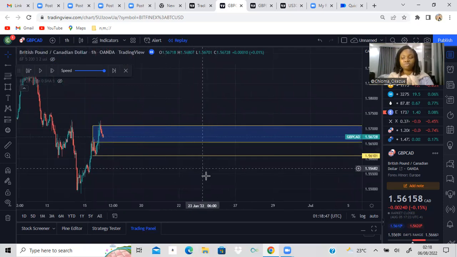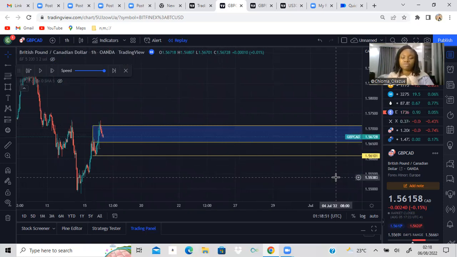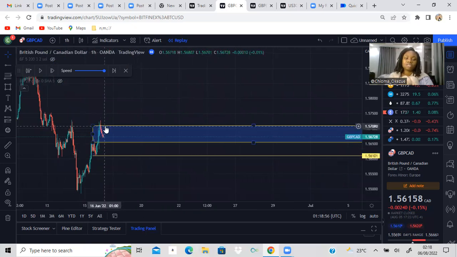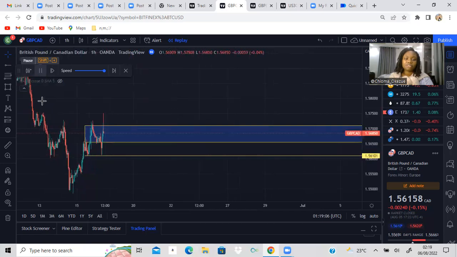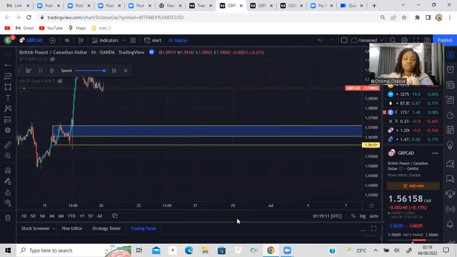Now what we want is a break of structure. We need a break of structure below, retest, and make this part our resistance. So let's play. So this is our resistance. It has not qualified. I'll be waiting for that.